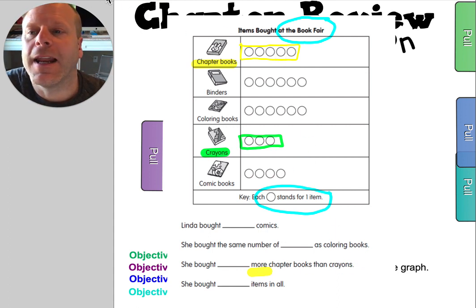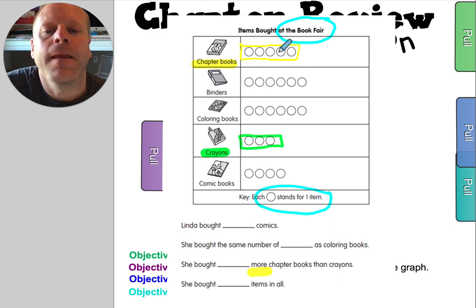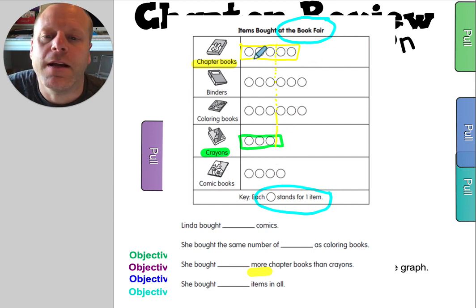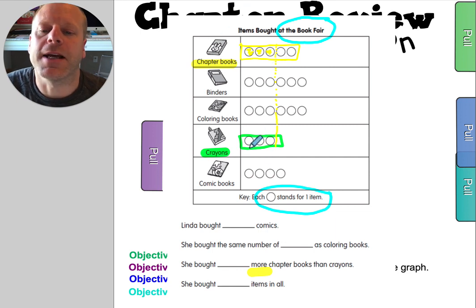So I like to say, find out what's the same, right? These are the same right here. 3 chapter books, 1, 2, 3, is the same as 3 crayons.